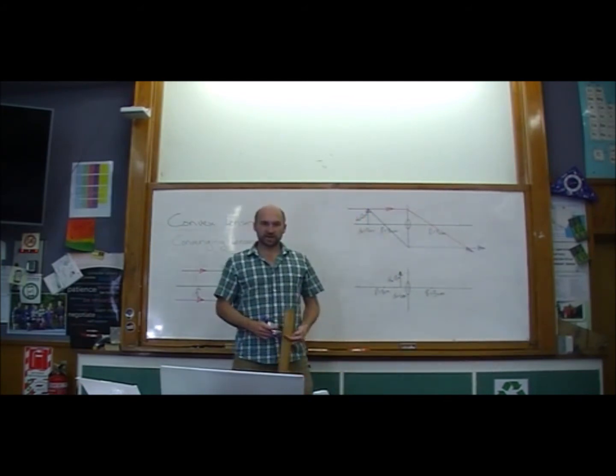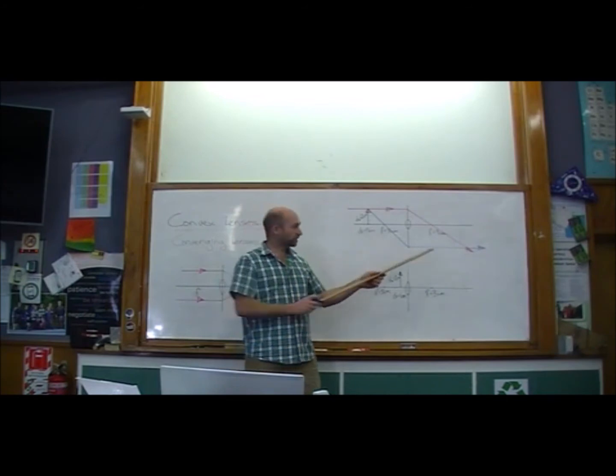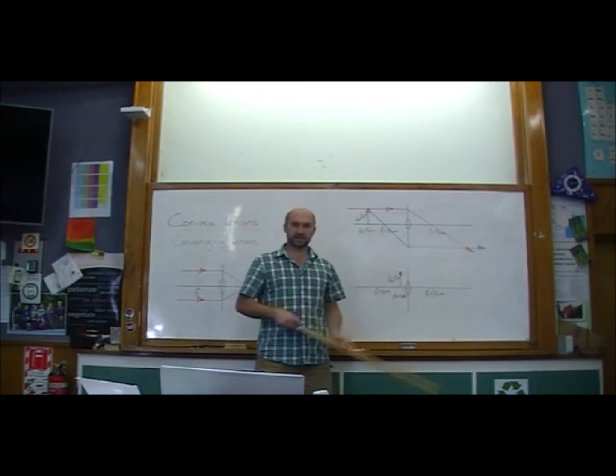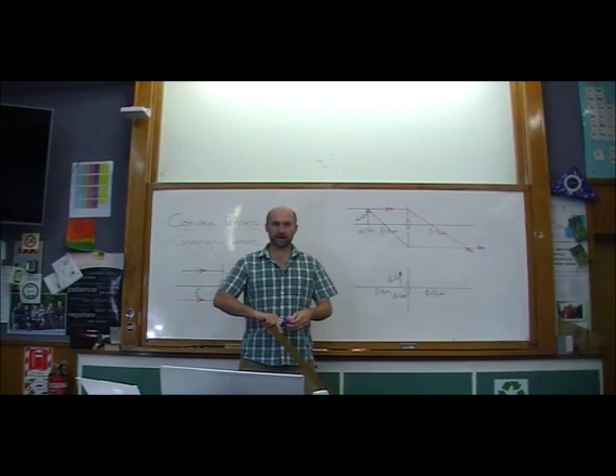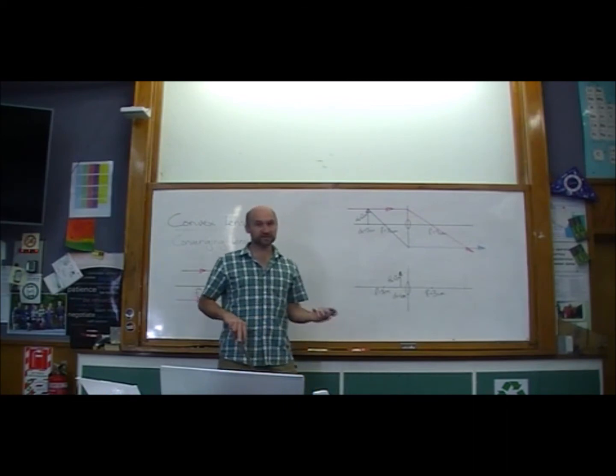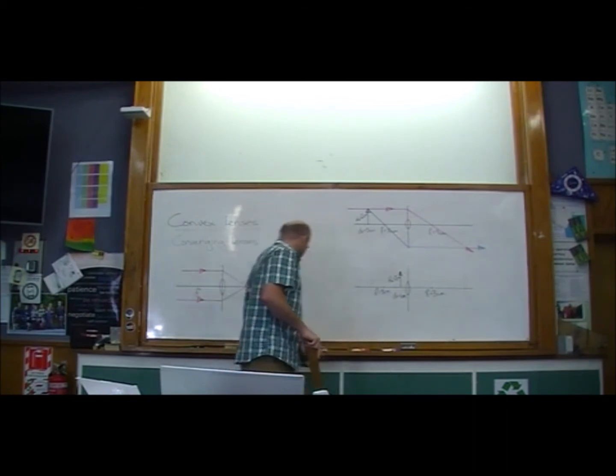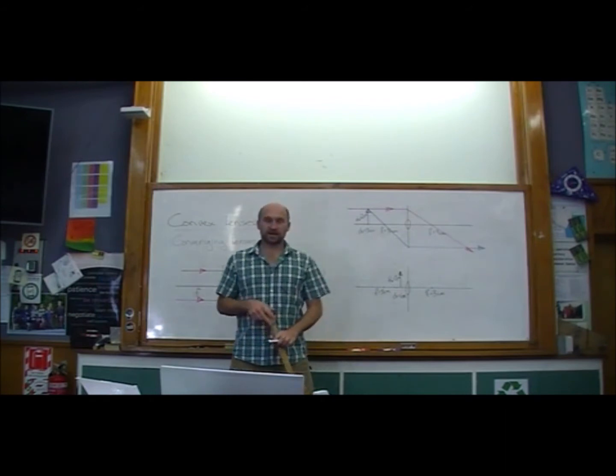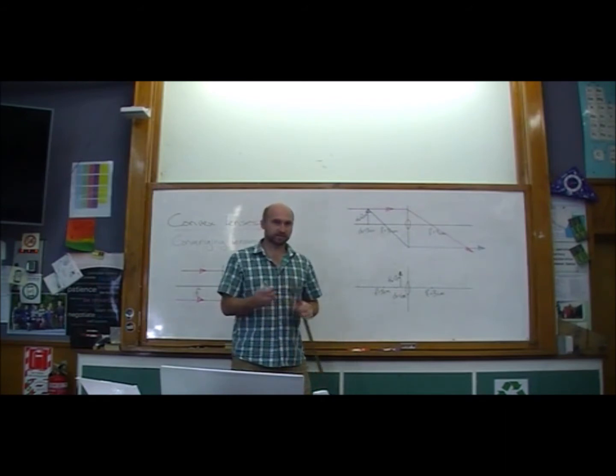We can already see that we've found a point where these two rays intersect. Our third and final ray is to confirm that we haven't stuffed up. In and out, straight through centre.